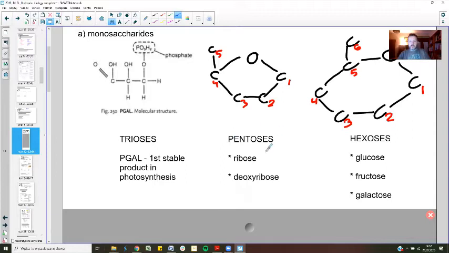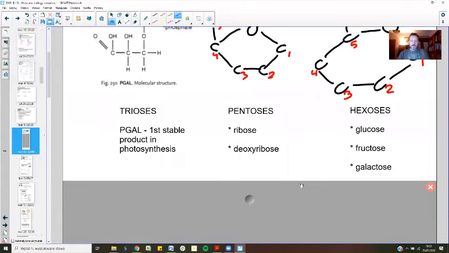Pentoses, the two most famous components of nucleic acids, are ribose and deoxyribose. And from hexoses, in living organisms, we find glucose, fructose, and galactose. Of course, this is just an example of carbohydrates, very simplified, presented to you mainly because of IB requirements in molecular biology.